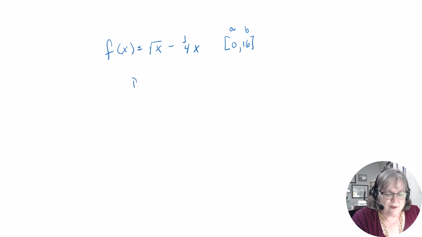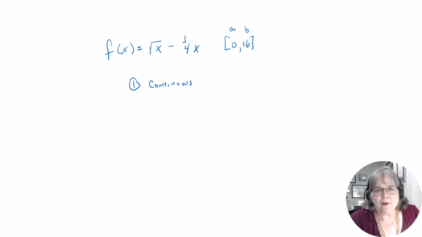So the first question is, is it continuous? Okay, well, 1/4 x is a polynomial. It's definitely continuous throughout, from negative infinity to infinity. The square root of x is not continuous from negative infinity to infinity. It's actually continuous from 0 to infinity.